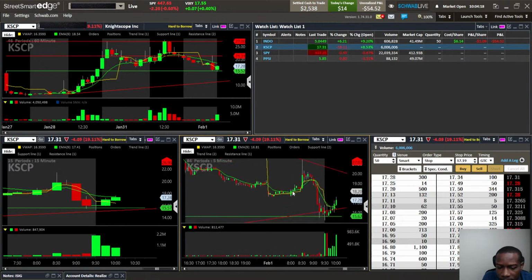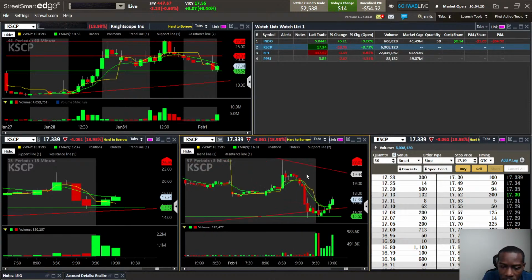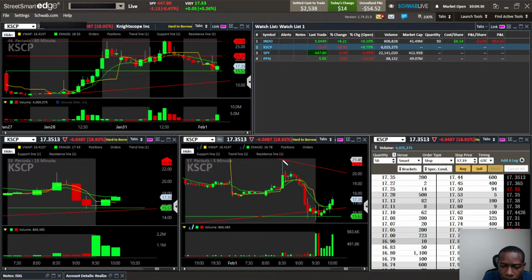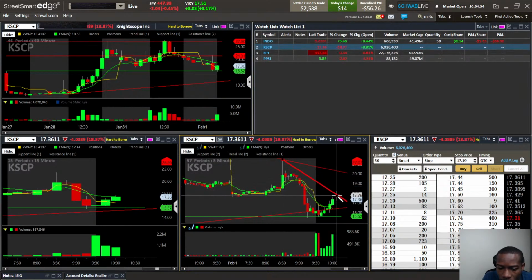And now we're forming what looks like a micro downtrend inside of the overall downtrend. We'll see if that's accurate. See how far this thing wants to come up first.